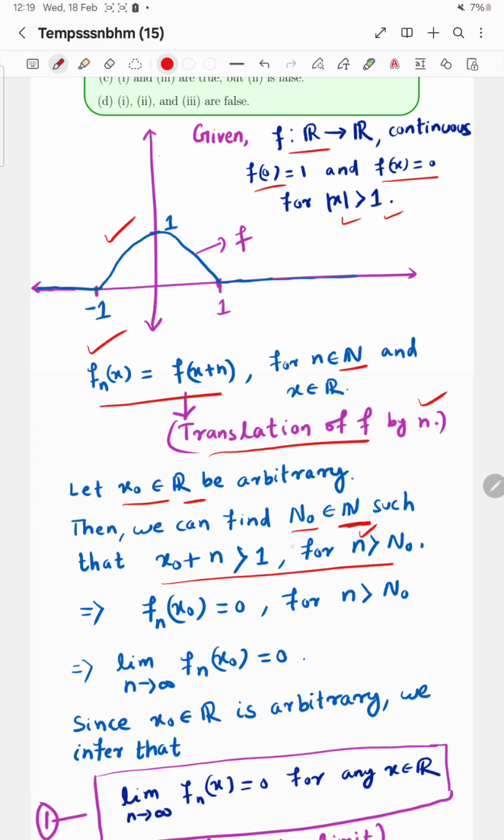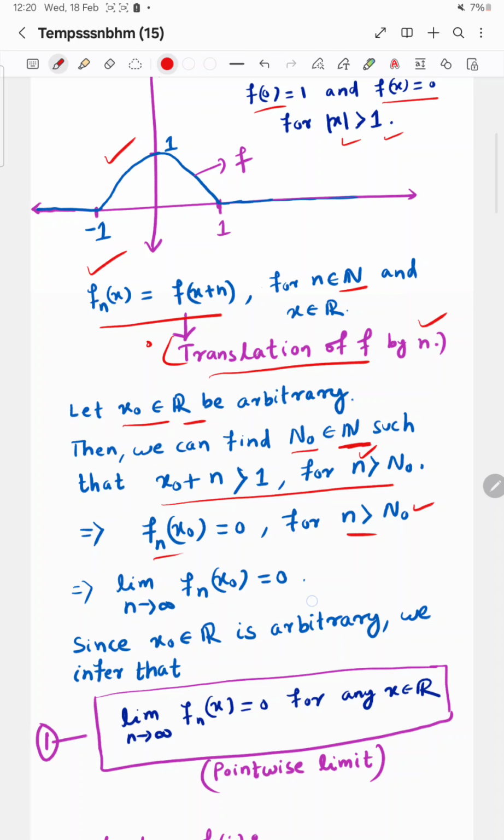Simply one can take n0 greater than 1 minus x0 plus 1, or one can simply take n0 equal to 1 minus x0, then it will satisfy this for every n strictly greater than n0.